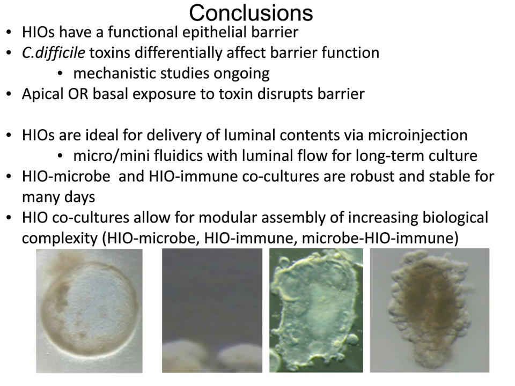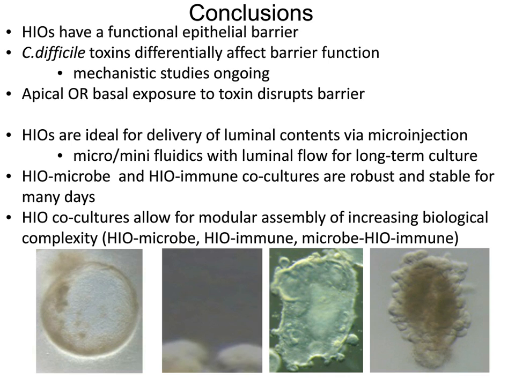The data I've shown you today has really been designed to stress the point that human intestinal organoids have a functional epithelial barrier, that we can use various means, chemical or Clostridium difficile purified toxins, to disrupt this barrier, and that the toxins actually have different abilities to disrupt the barrier, suggesting that there's something different about the way that these toxins act on the epithelium.